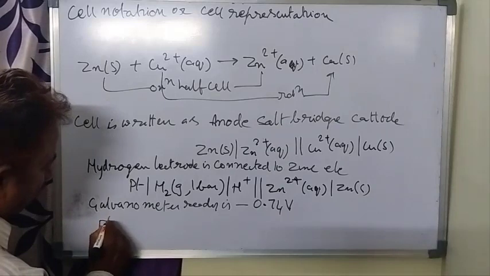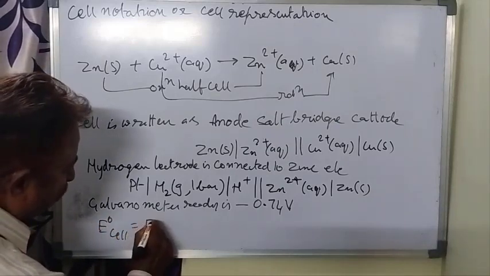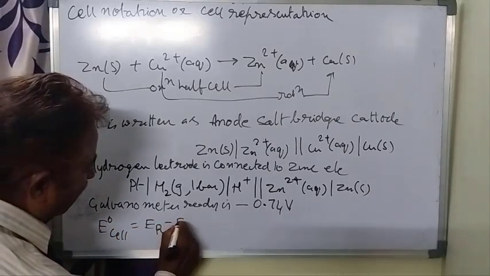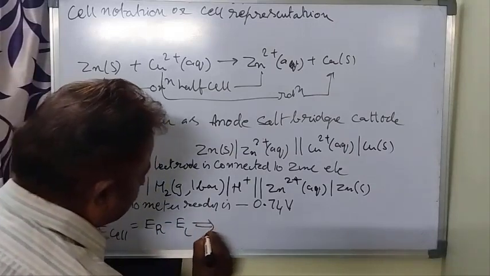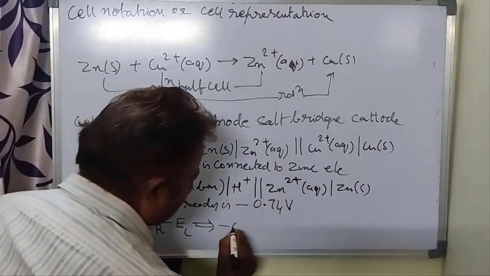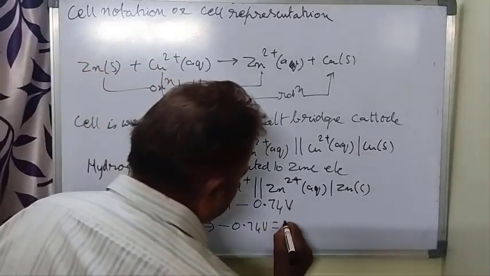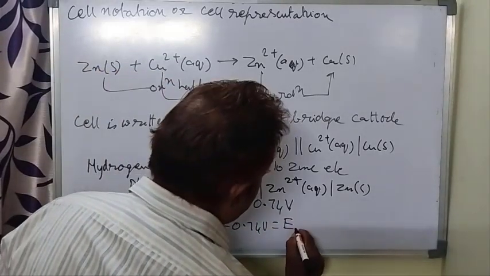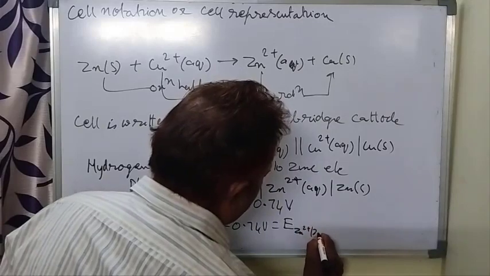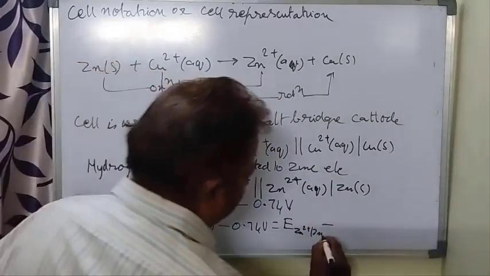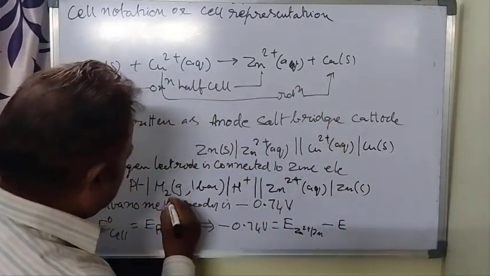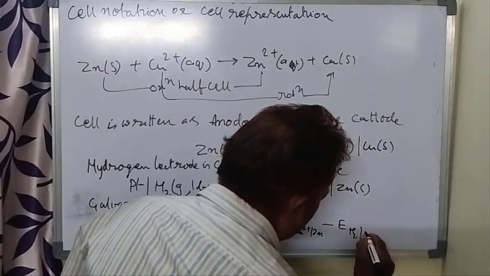Therefore, E0 cell is equal to E right minus E left. What is the galvanometer reading? Minus 0.74 V is equal to E right. E right means this is Zn2+ oblique Zn, minus E left. This is E of H2 oblique H+.